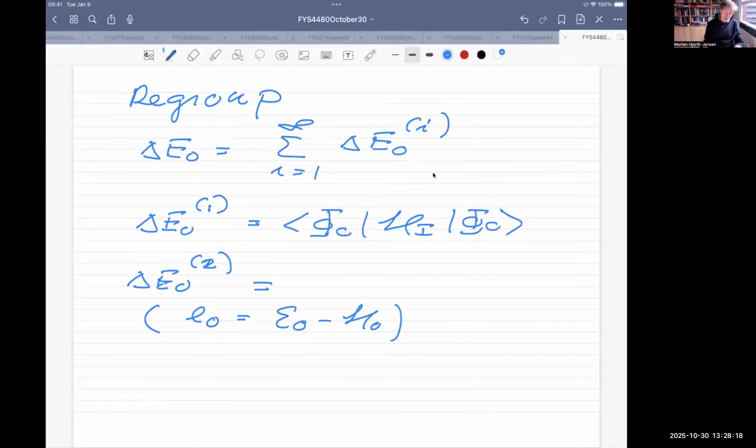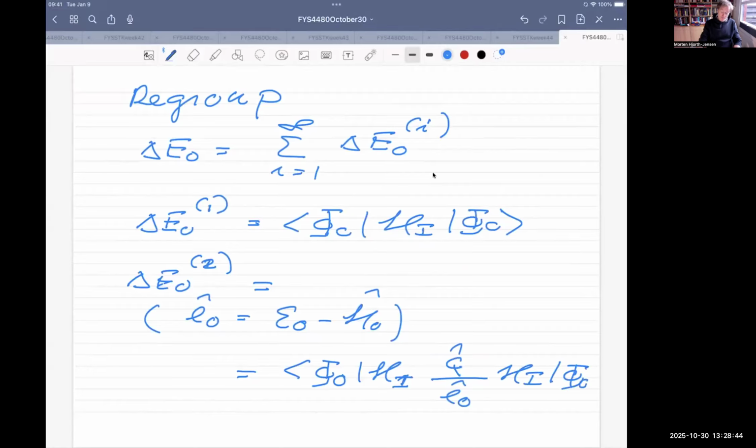So the second order term is going to look like phi 0, and then I have my H_I multiplied with Q divided by this E0. So we should put operator hats on it, and then I have H_I multiplied with phi 0. So this is our term to second order in the interaction.